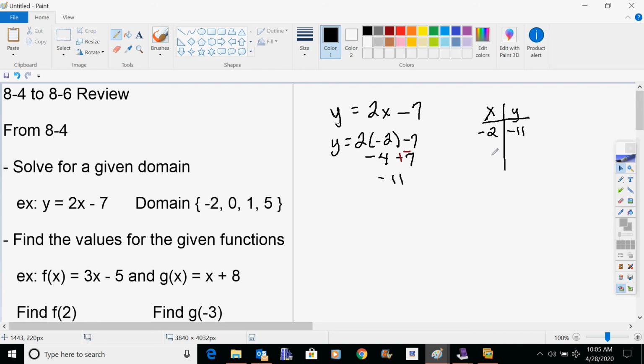The next value that we have in your list is 0. You don't even have to think about it or pick them. So then we would go y equals 2 times 0 minus 7. So 0 minus 7 is negative 7. There's your negative 7. And then 1.